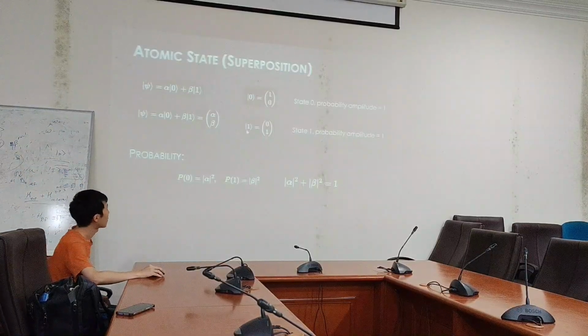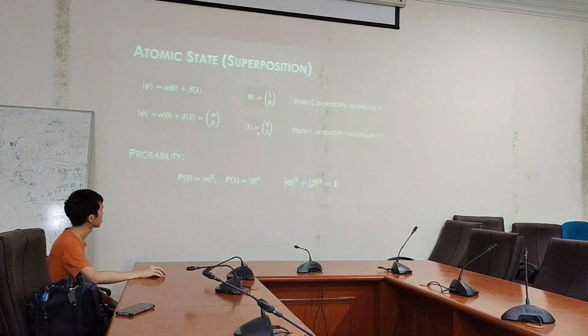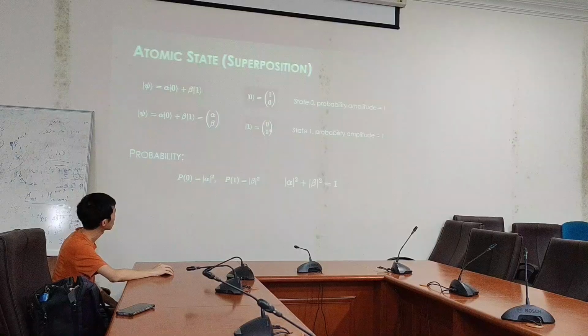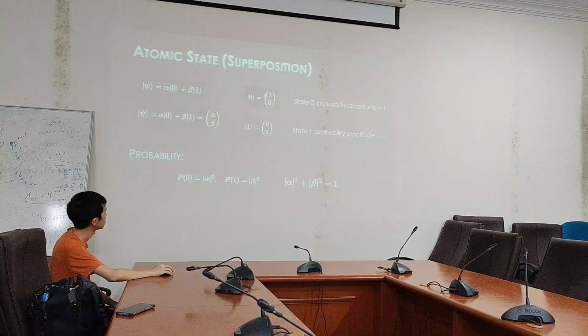And for state 1, this place represents 1, so we put 1 in this place. This state is a matrix. This means the probability amplitude is 1 for state 1. This means the probability amplitude is 1 for state 0.